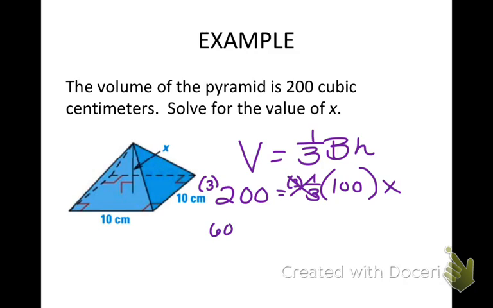So now we get 600 equals 100x. What does x need to equal? 6. 6 centimeters. If that number was like 99, then it would be easy to take a third of 99 and turn that into 33, but it's not.